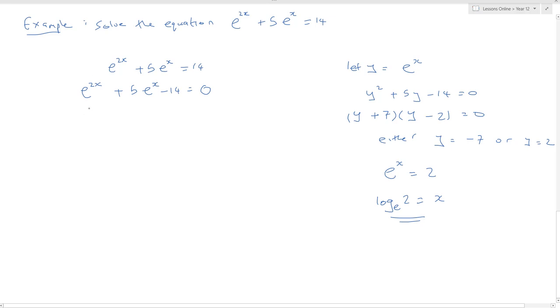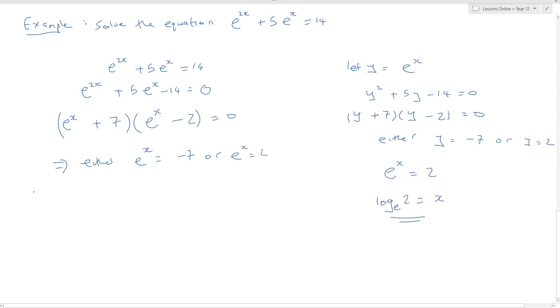Or we could just keep it as e to the power of 2x and then solve the equation here. So we've got e to the power of x, and e to the power of x will give us our e to the power of 2x equals 0, and we're looking for the factors of 14 again. So plus 7 minus 2. So that implies then either e to the power of x is equal to minus 7 or e to the power of x is equal to 2.